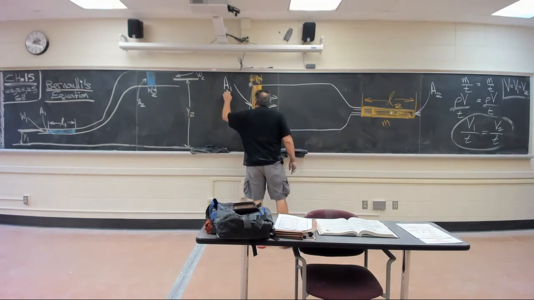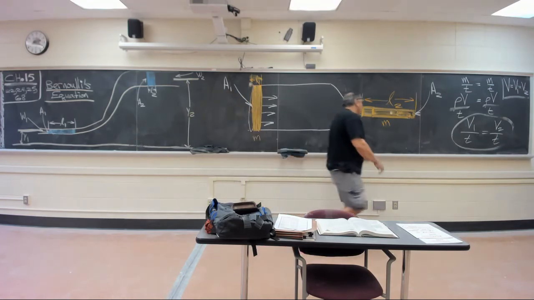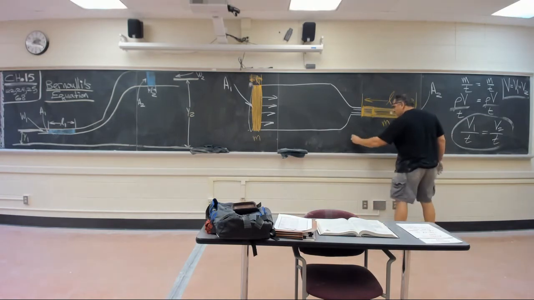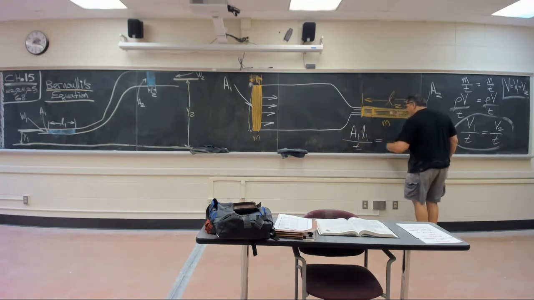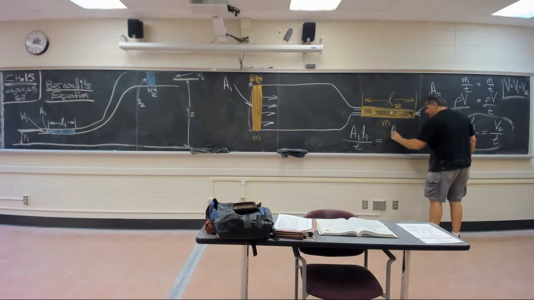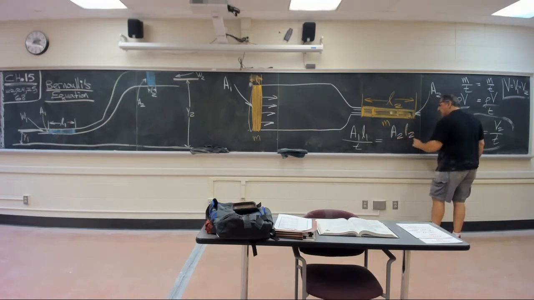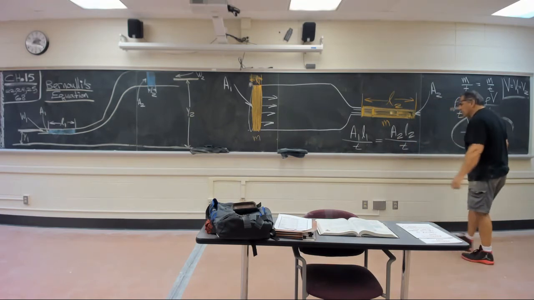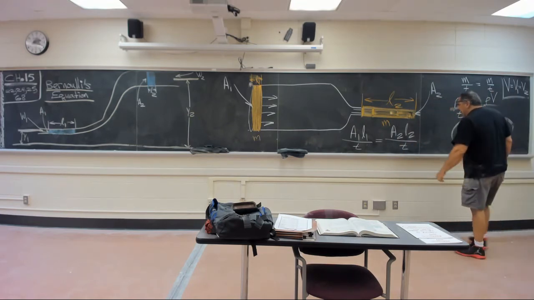Cross-sectional area A1 times L1 is V1. That's the same as V2, and V2 is A2 times L2. I got another thing to ask.